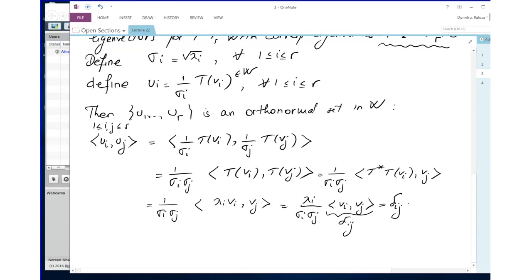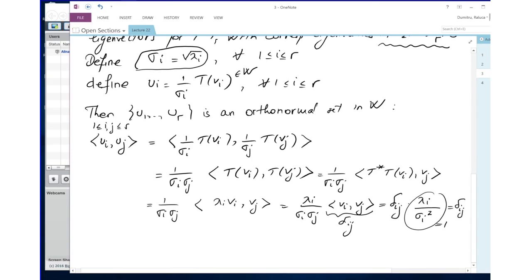But when i and j are equal, what do we get? We get lambda i over sigma i times sigma i, so sigma i squared. And remember how we define sigma i? To be exactly the square root of lambda i. So this whole thing turns into 1, so delta ij as needed, right?